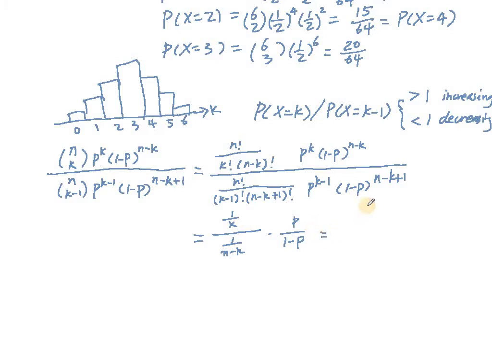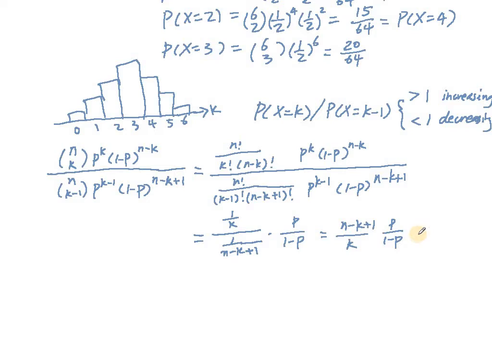And this we can flip it with n minus k plus 1 over k. Sorry, this should be plus 1, because when this factorial cancels with this factorial, the n minus k plus 1 will be the last factor remaining.